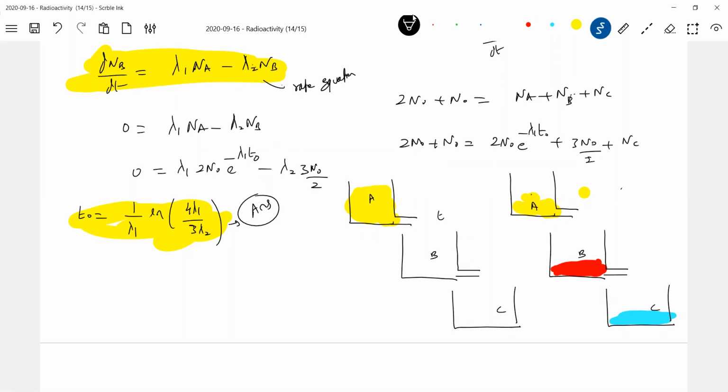It is the amount of B which is getting decayed. I don't want to give the answer, I want you to generate the answer. Tell me, the blue color liquid is what? How much of liquid A decayed minus how much is present as liquid B is what? C, no? Write the equations. There's a population of C.